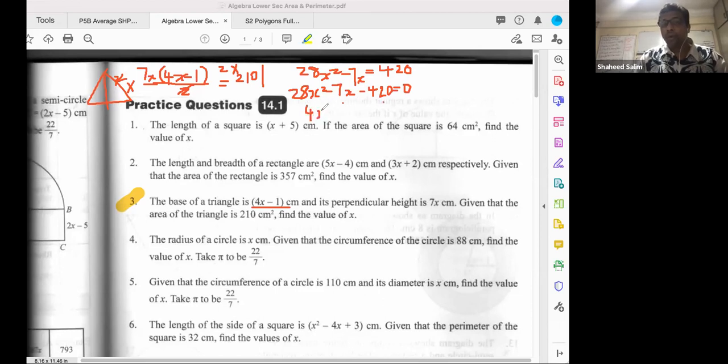Why? You do not want to do completing the square with very big numbers, it's very complex. 60 is a big number already, no? So we have to now do completing the square like that.